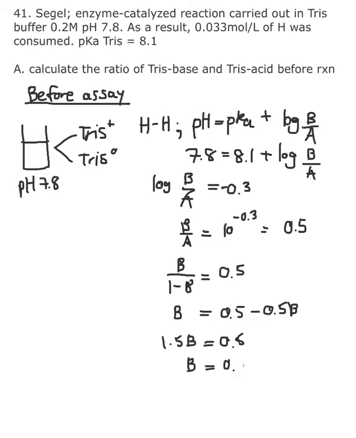You can use the shortcut, as long as you feel comfortable, it's totally okay. So B, you get 0.33 here. So A would be 1 minus 0.33, equal to 0.67.